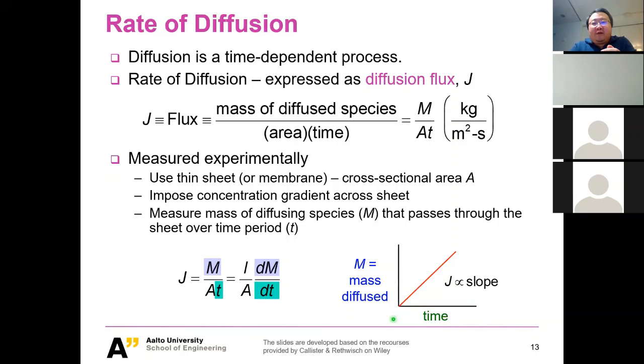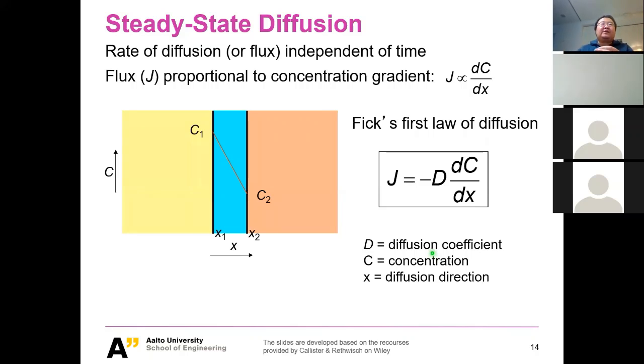Of course, this is the slope, which includes the 1 over A as well, right? But you will see the flux is proportional to your slope of mass over time. So this is a very easy equation to define the diffusion flux.